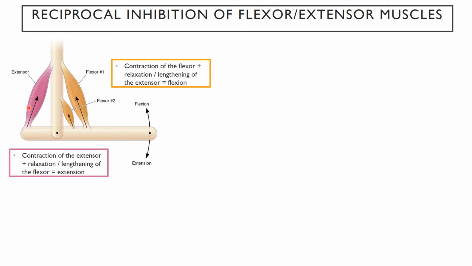So the extensor, when it contracts, will lengthen or open up the two bones that are connected to each other. So imagine your elbow, this would be extending your arm. So when this contracts, it pulls on this end, it's rotating here, and your arm opens up. Flexion is controlled by flexors, which would be causing your arm to be closed more. So this would be bringing your hand up towards your shoulder.